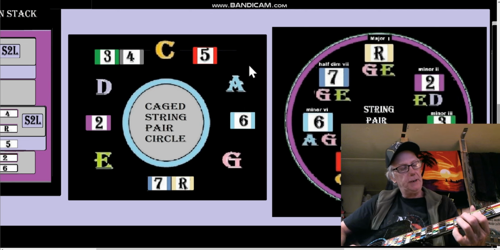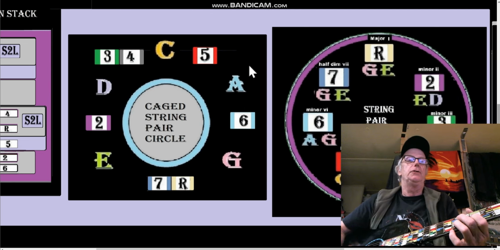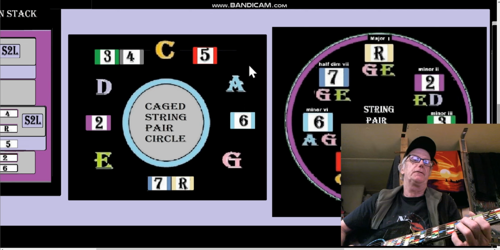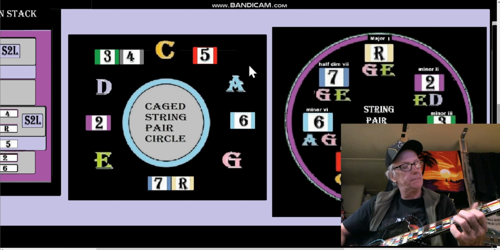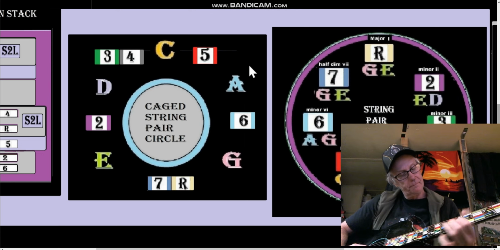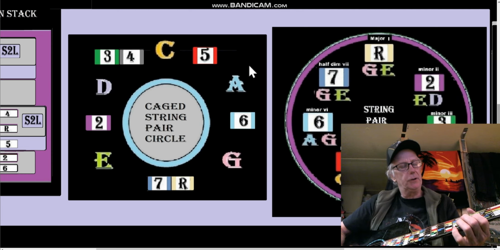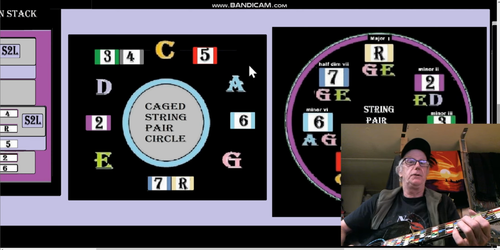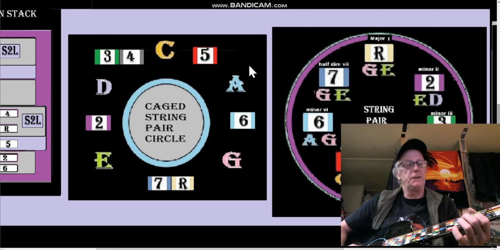From that A shape, you can do a caged pentatonic. You can go up from A to C shape, right? From that A shape, you can go down a string. So the fourth of A is D shape.